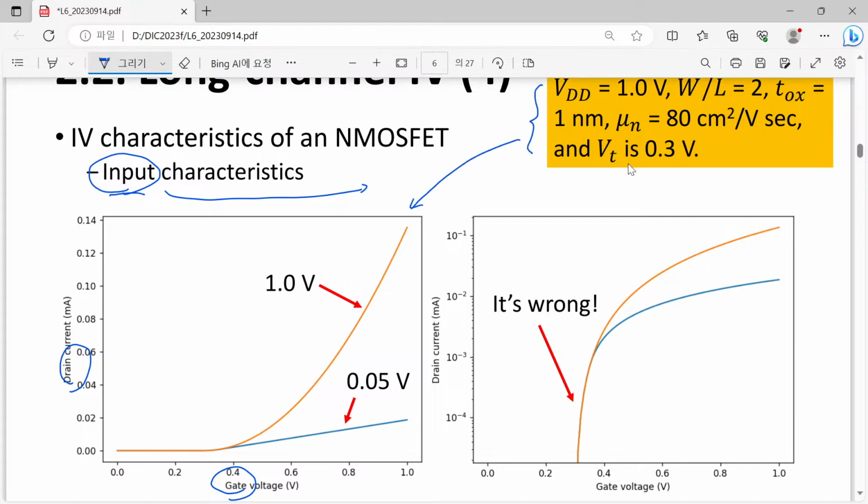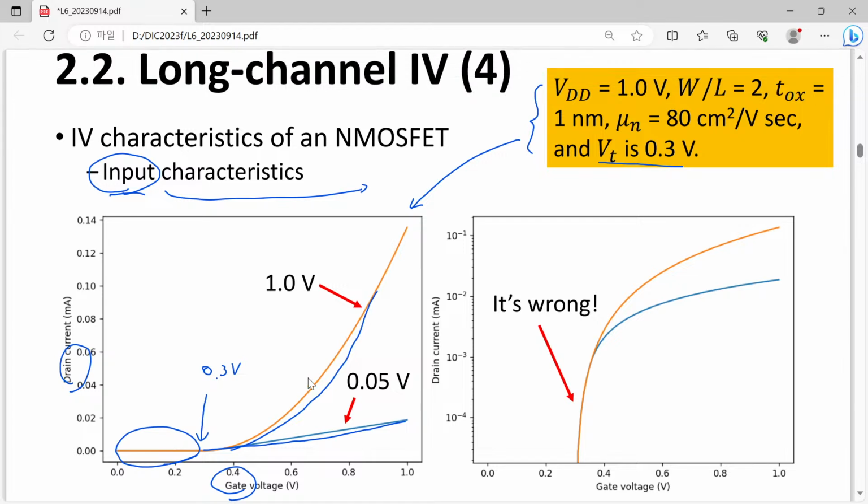Then maybe you can easily draw these graphs using all of these given parameters. Simply speaking, beyond the threshold voltage, here you have 0.3 volt, you now have a non-zero current, and below it you have almost vanishing current. Also, people take two different voltages.